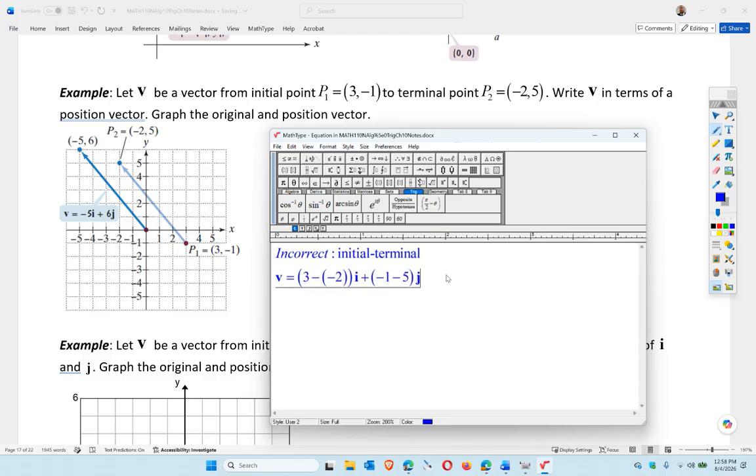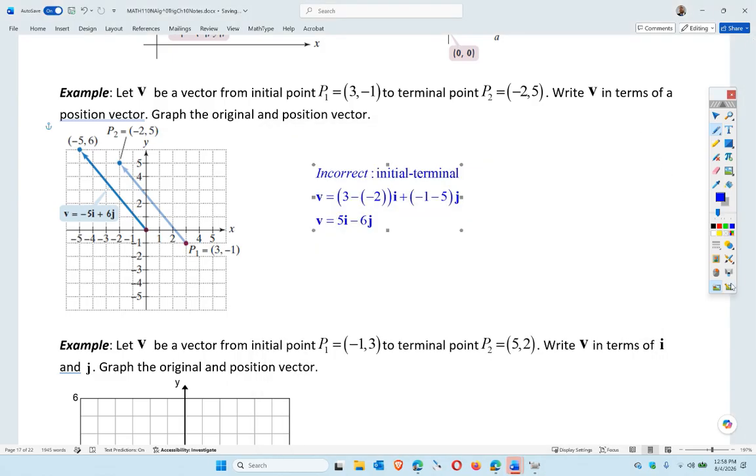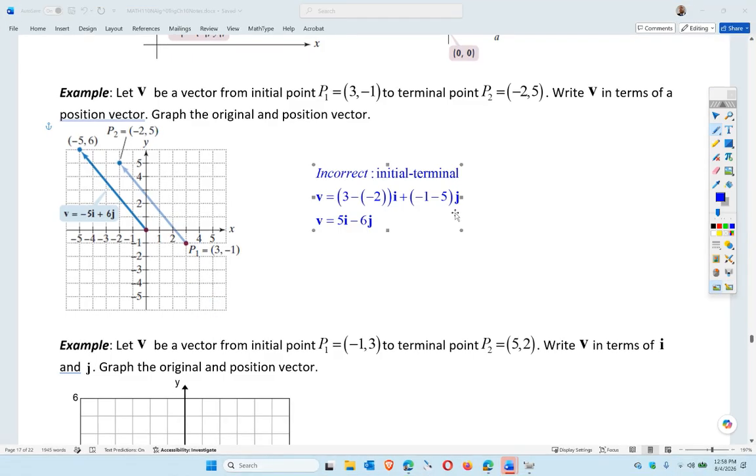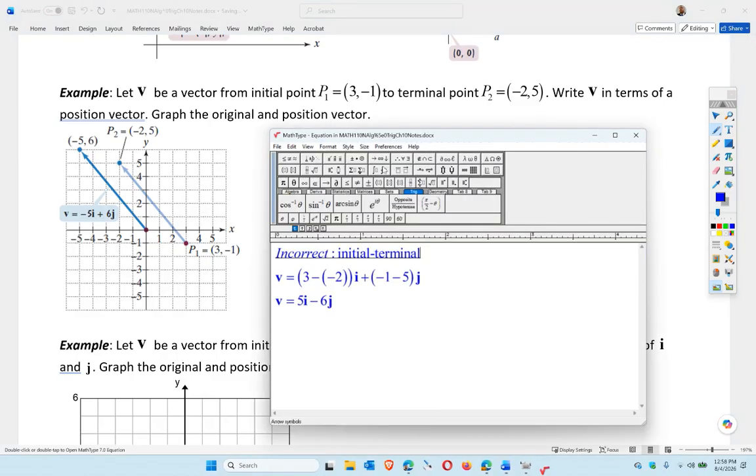That would give me an answer of 5i minus 6j, which is wrong, which is why I put incorrect, because that would be 5, -6. That would be down here. That is the opposite direction of what you're supposed to be doing. So don't do that. I see that all the time because people don't check the visuals on it.